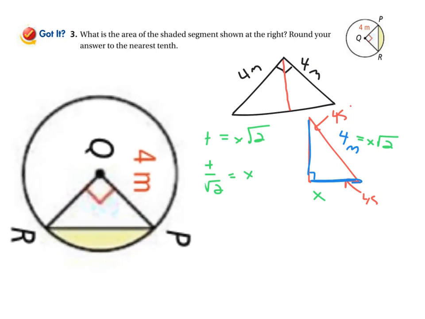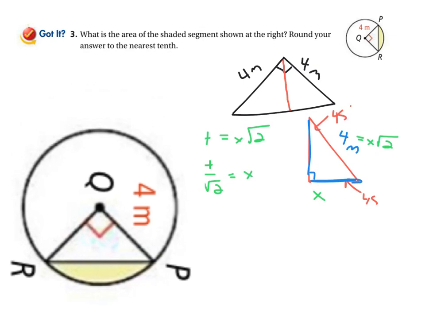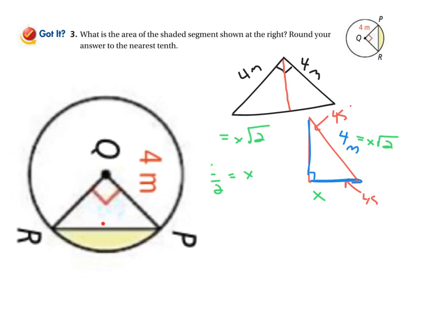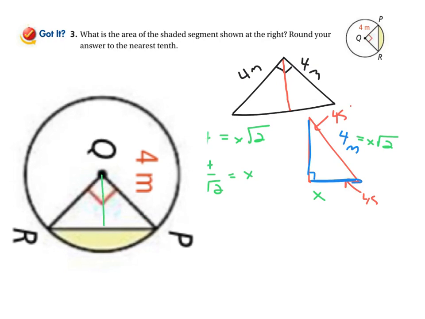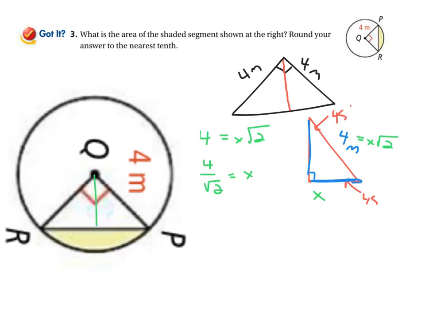This is 4. That means, again, if we drop this altitude down right here, if this is 4, then this is 4 divided by root 2, and I'll draw that altitude so you see it. And as I said, each leg is 4 divided by the square root of 2.